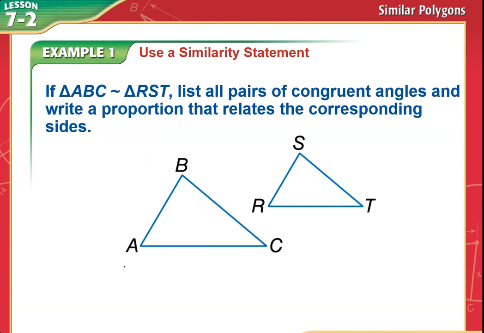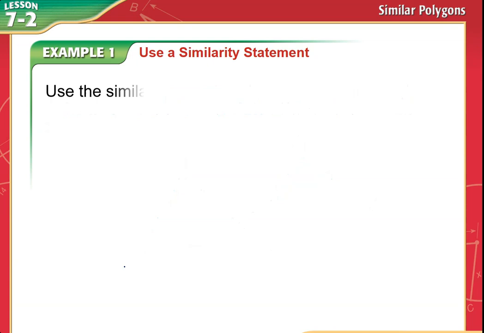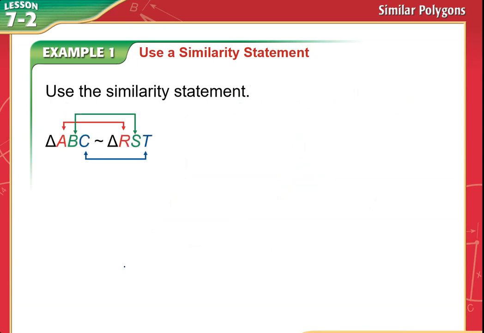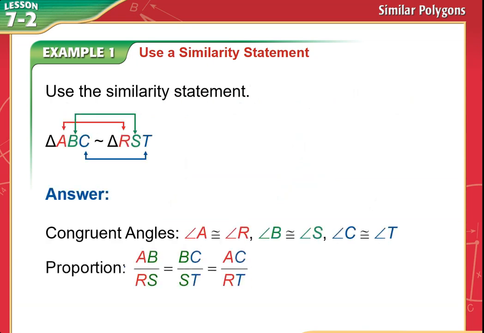Look back at the picture. ABC, RST. Congruent angles: A is to R, B is to S, and C is to T.